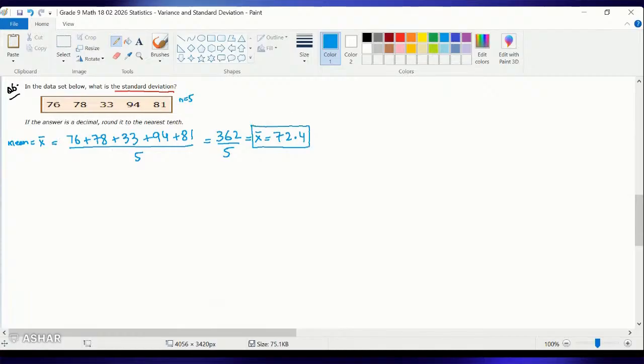If we have the mean, can we find x minus the mean, whole squared?